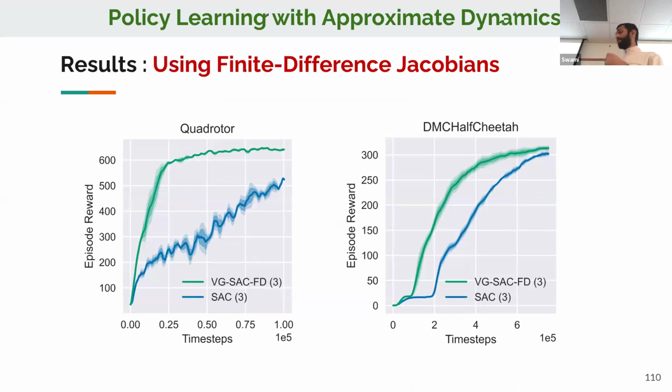In fact, even if you don't have access to gradients, or even if the simulator itself is non-differentiable, you can compute finite difference Jacobians on the approximate simulator you might have, and use those to perform updates on your policy and value functions and get similar speedups.